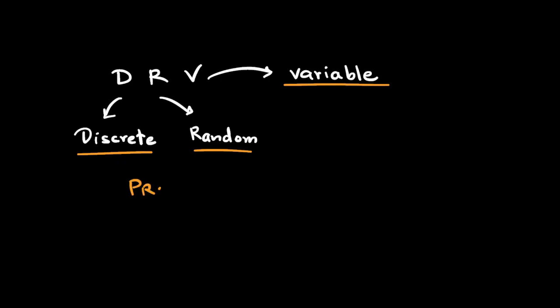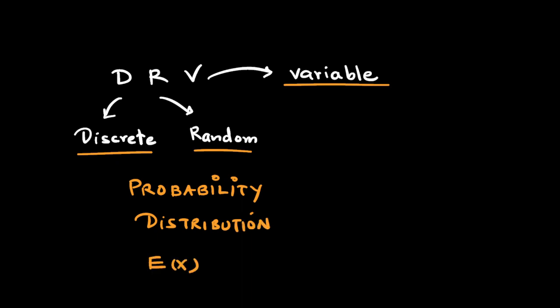It's about probability distribution. And then based upon that probability distribution table, we can calculate the expected value, the expectation, and hence the variance of x.